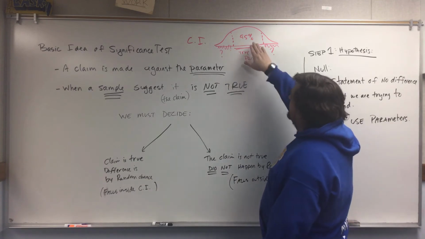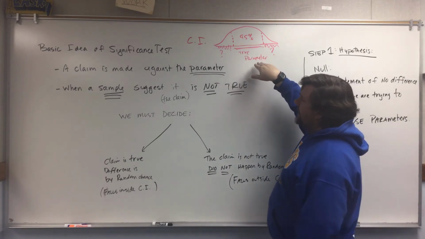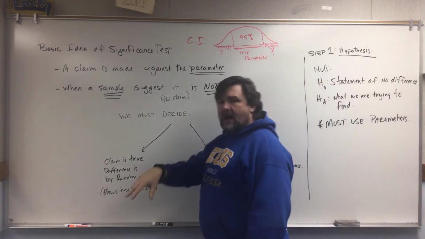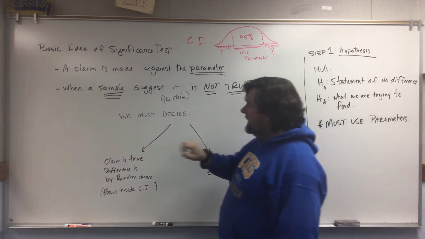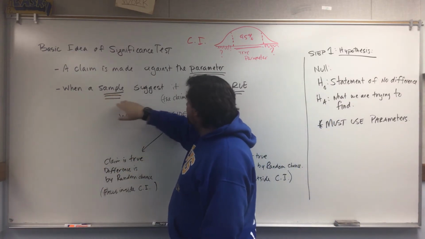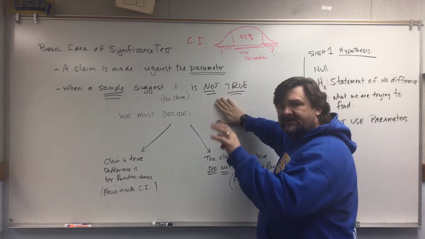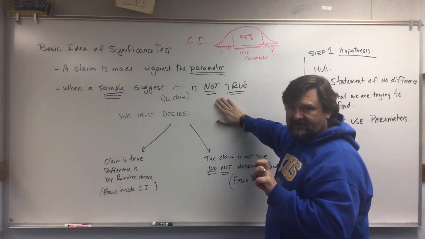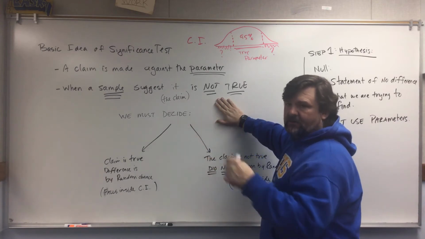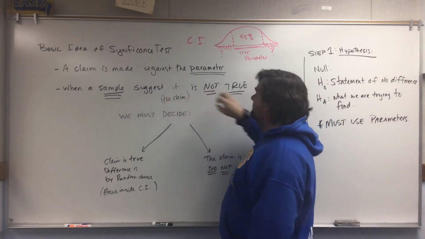So I'm making a claim against the parameter of heights, and then I go out and take a sample, and the sample suggests it's not true. So I'm telling you it's not true, and now I'm going to take a sample to suggest it.